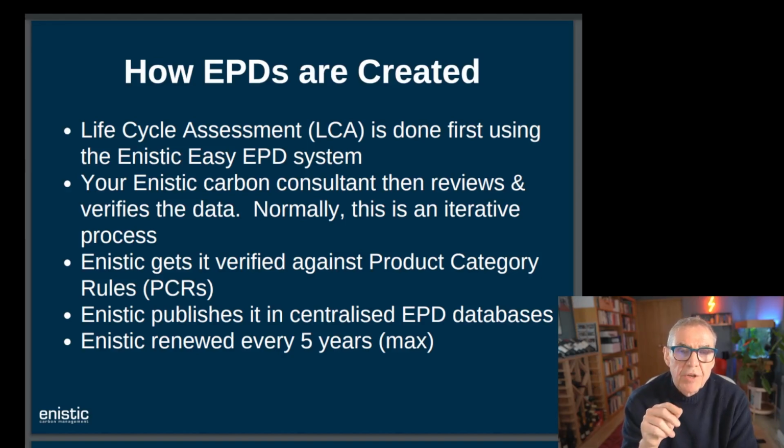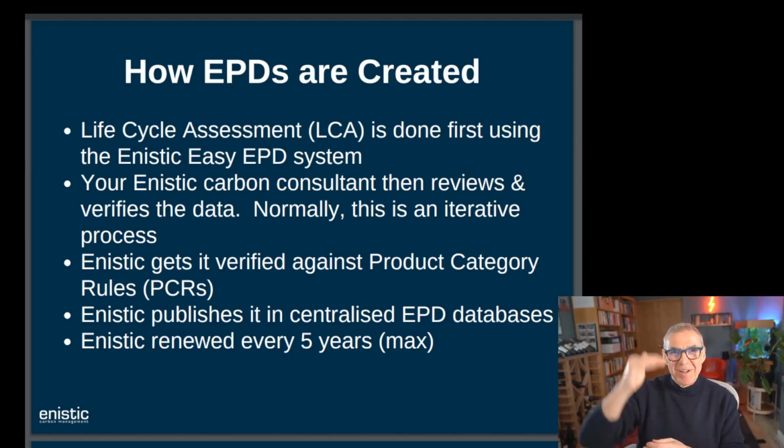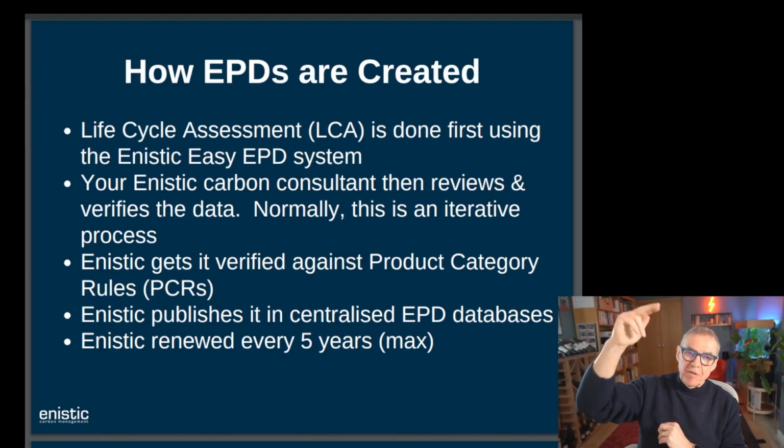If you're making, for example, pencils, you will need to produce a different set of information to if you're producing, for example, concrete slabs. What you need to put in each of the LCAs, the life cycle assessments, depends on the product. And the way that's specified is there's a whole pile of ISO standards saying if you are producing something in this category, you will need to follow the following rules.